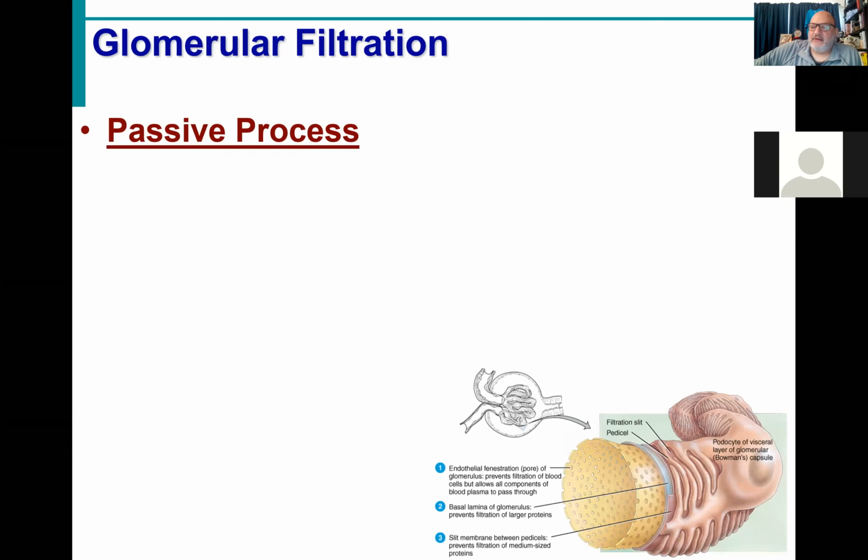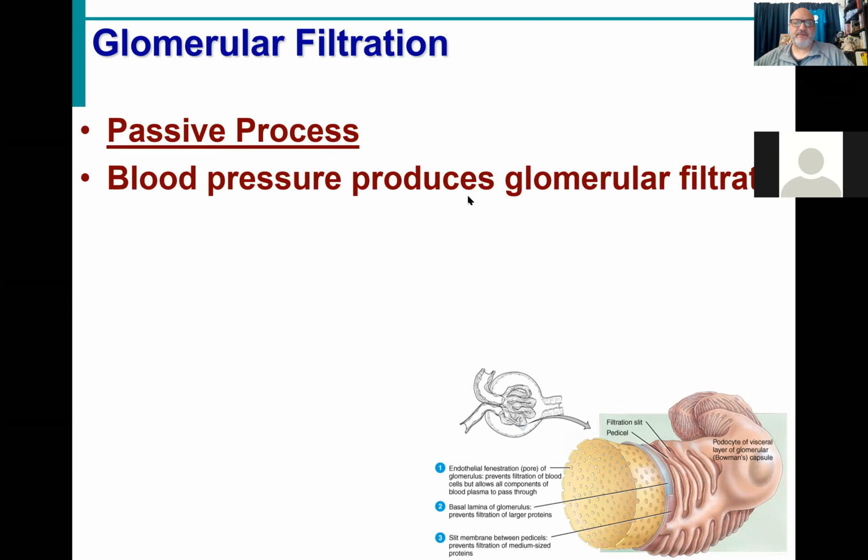Now, again, this is a passive process, just like gas exchange. So again, there are some ways we are going to want to maximize the efficiency of this. One is it is primarily going to be completed by the pressures of the capillary. Remember, one of the special things about the glomerulus is that it has a high pressure to it.